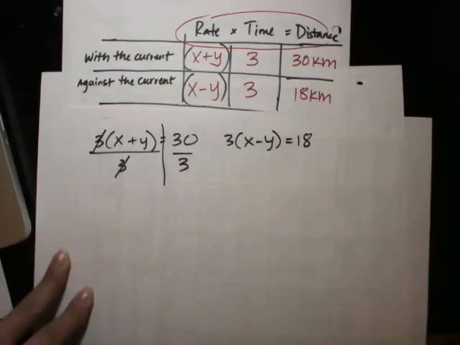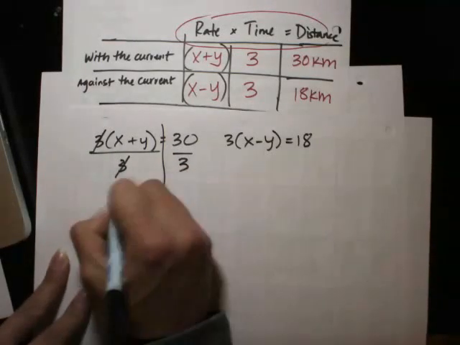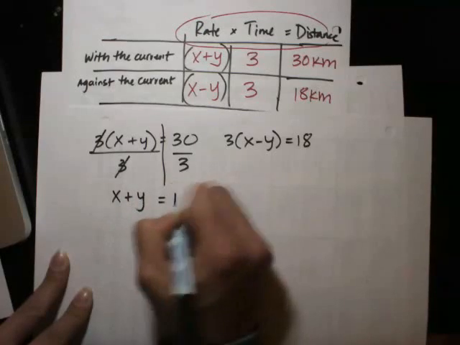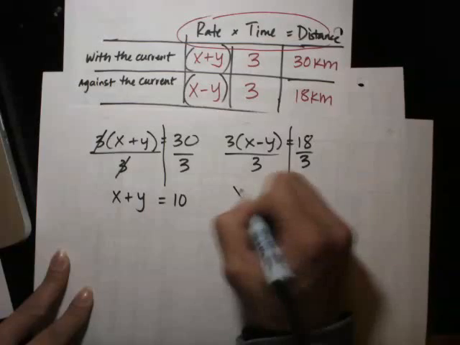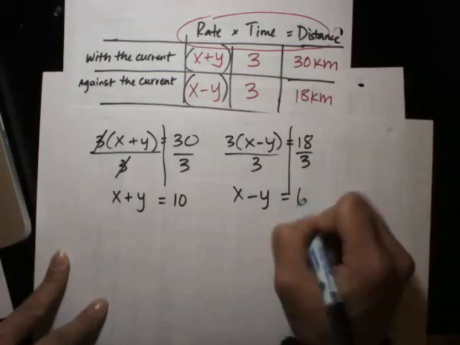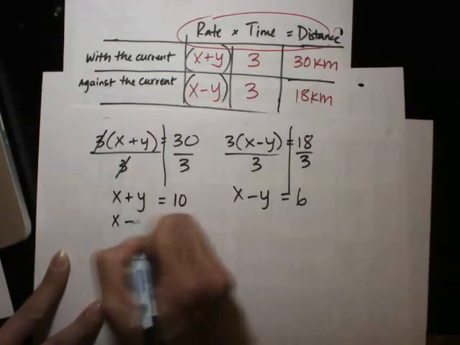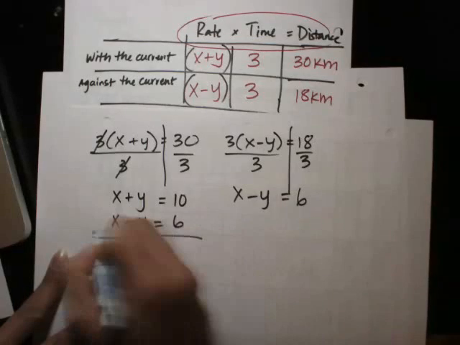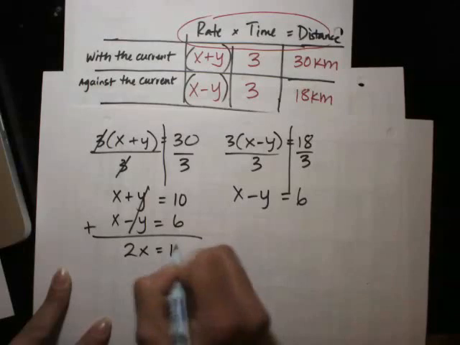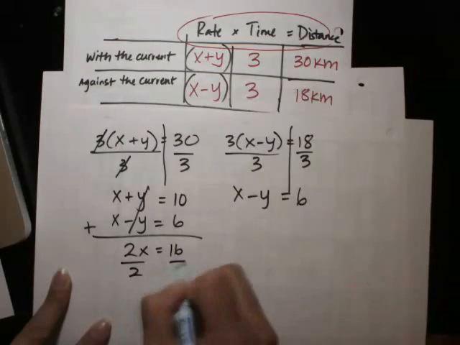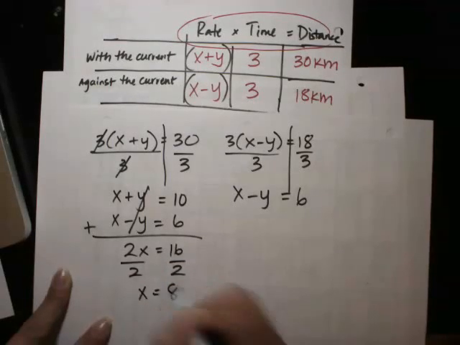You can cancel factors. So x plus y will be equal to 10, and dividing by 3, x minus y is equal to 6. Let's line them up, and we can add to eliminate. 2x would be equal to 16. Dividing by 2, x will be equal to 8.